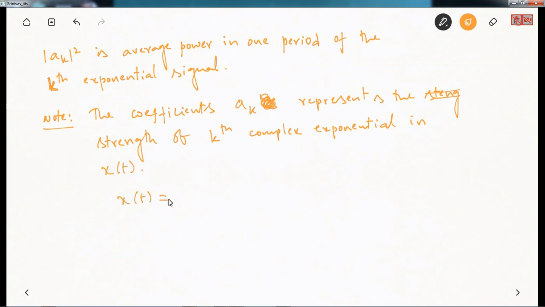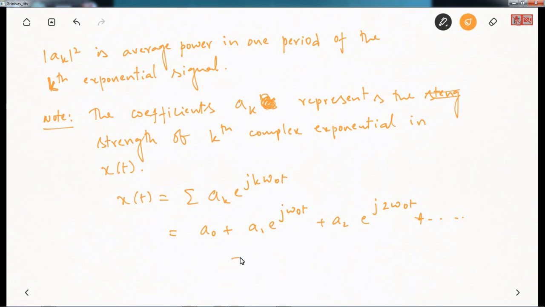See, x of t we are representing as the sum of ak e power j k omega naught t. So this is nothing but a0 plus a1 e power j omega naught t plus a2 e power j2 omega naught t, and so on.